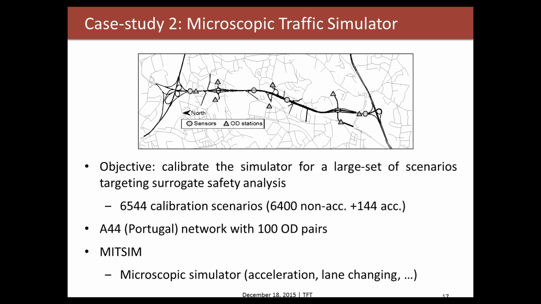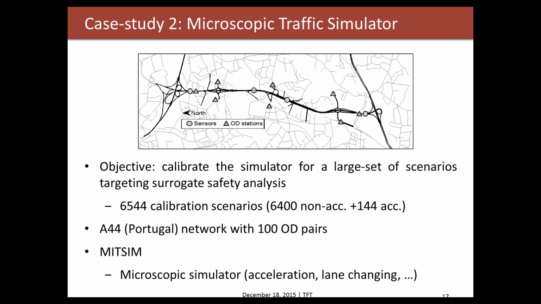And so we need a fast way to calibrate all those situations. By situations, it was a total of more than 6,500 scenarios, so simulation instances. So we need to calibrate each of them.